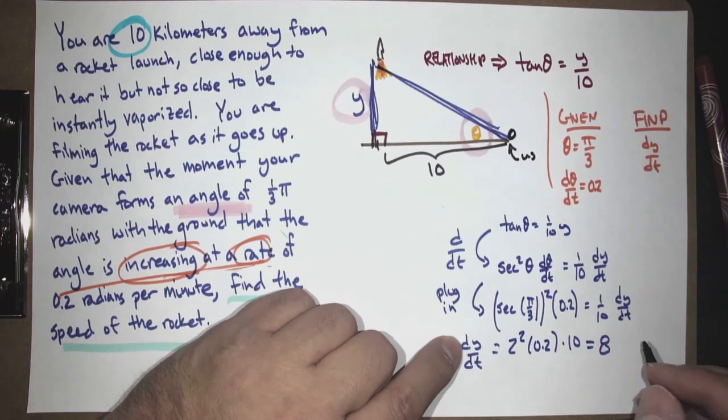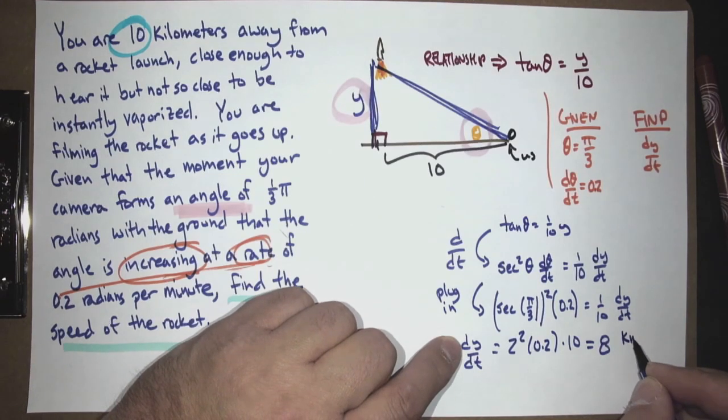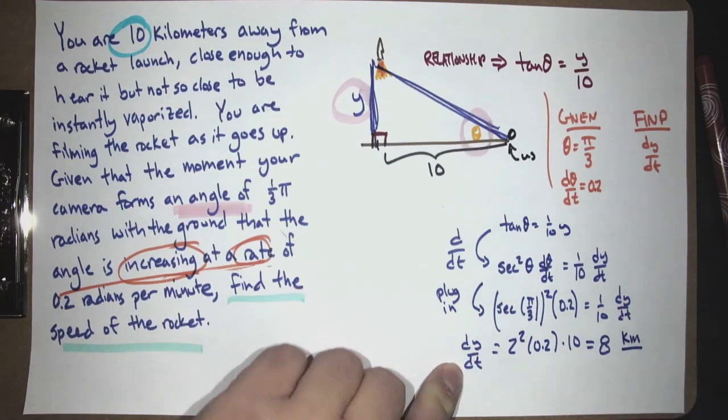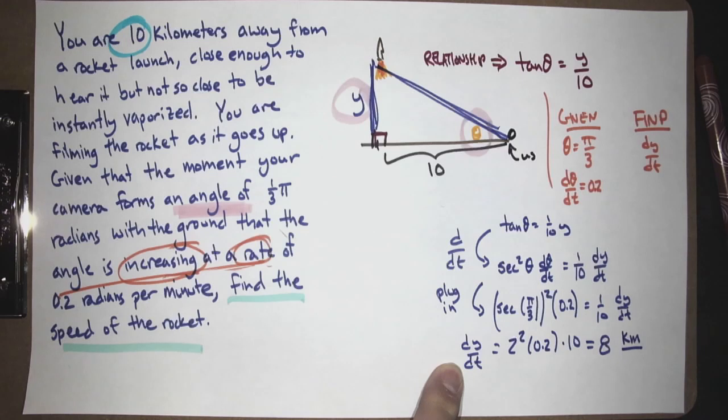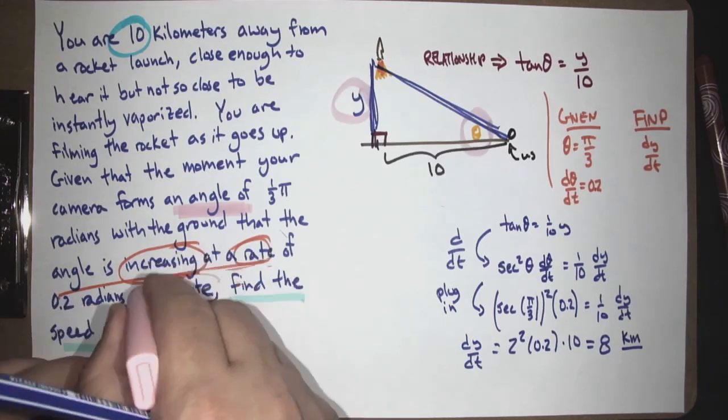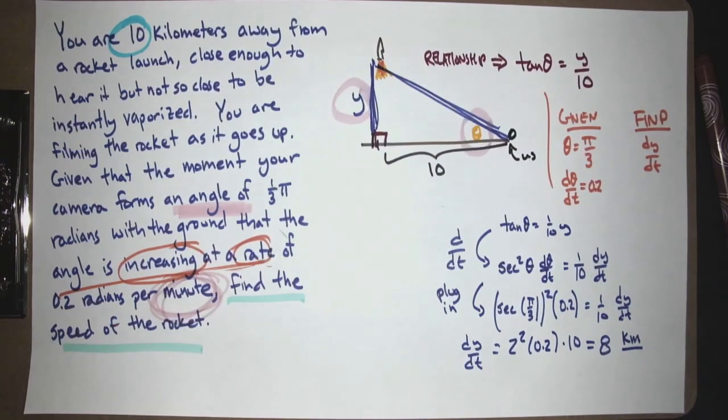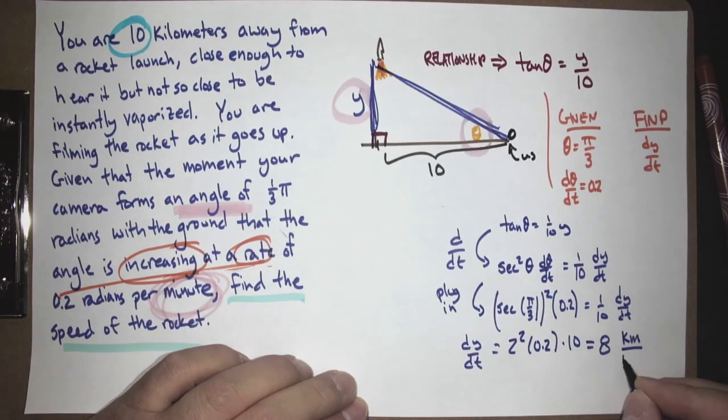So units of y, kilometers. Units of t, minutes. How do we know it's minutes? Because of this part right here. 0.2 radians per minute. So it's telling us the time. It says we're measuring time in minutes. So 8 kilometers per minute.